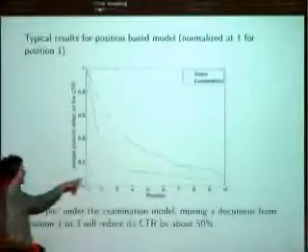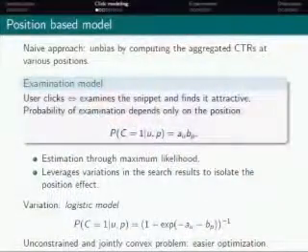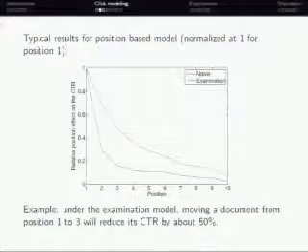And this red line here is the proper position-based model, the BP here. What is the influence of the position on the clicks? And you see that it decays much more slowly, and it makes sense because now you have decoupled the problem from the fact that the search engine puts more relevant documents in higher positions.